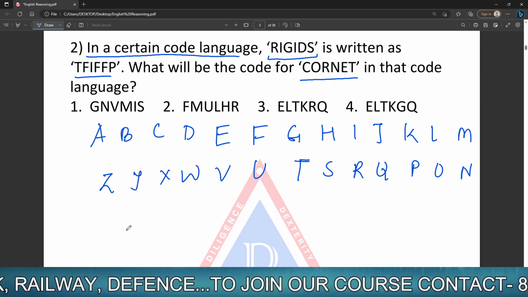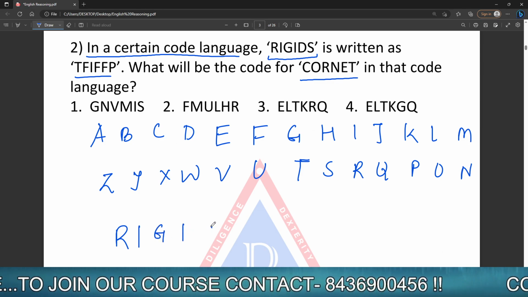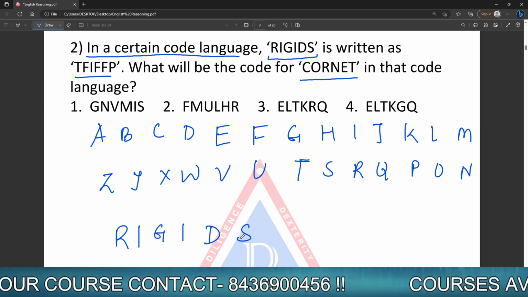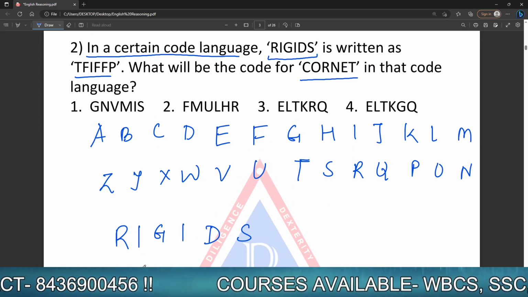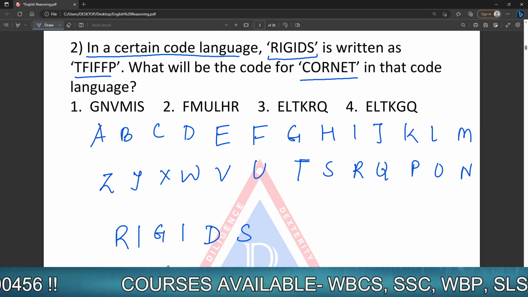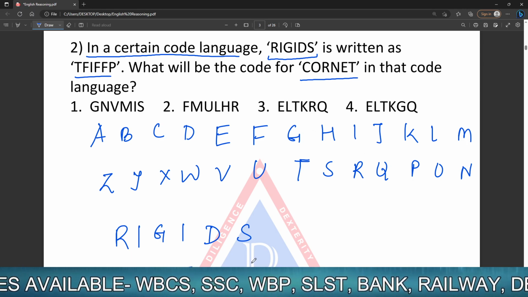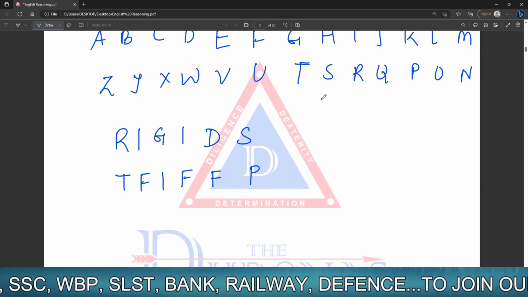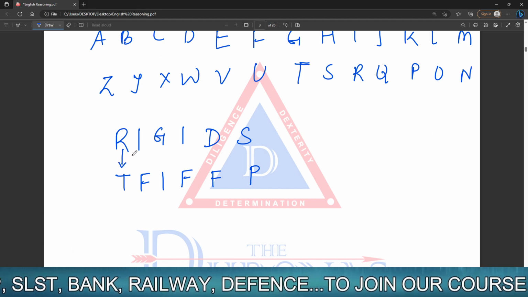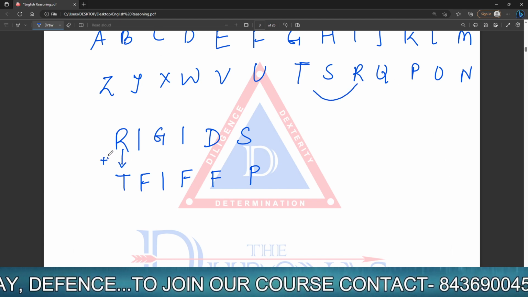So what is the question given? The question is given R, I, G, I, D and S. It is written as T, F, I, F, F, P. So you can see R is written to T, that is +2.